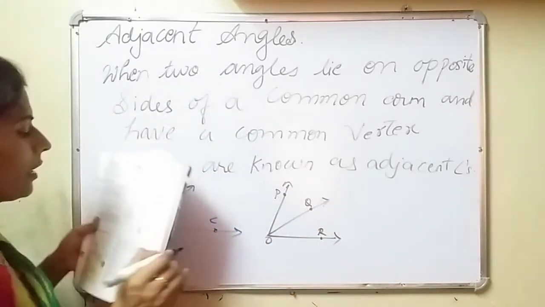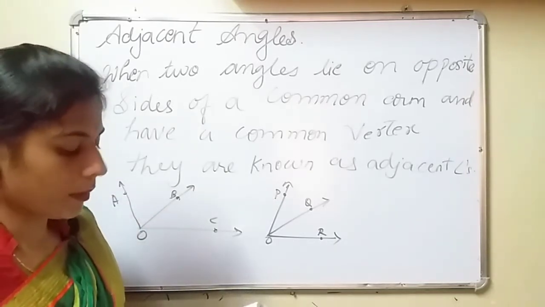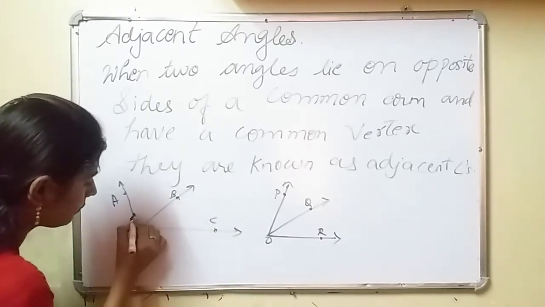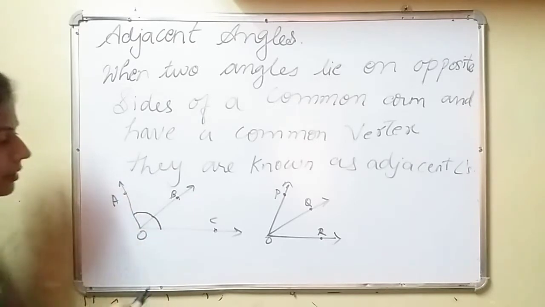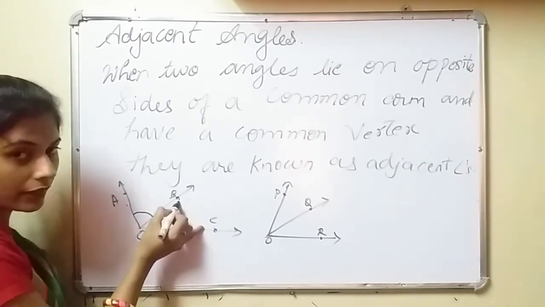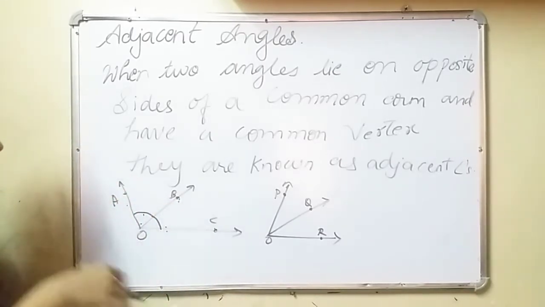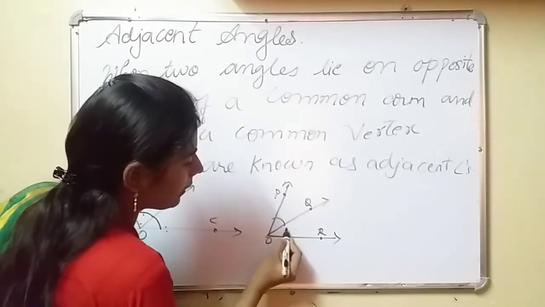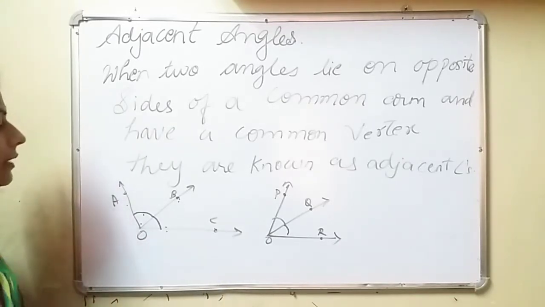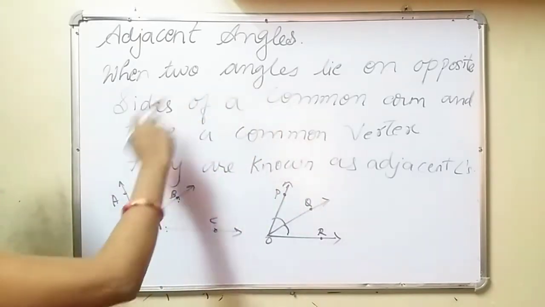Now see, if two angles lie on opposite sides of a common arm, two angles lie on the opposite side of a common arm. See, which are the arms here? Angle A and angle C. Two angles are there, that is one line is intersecting B. This angle and this angle are common here. In this also, two angles are given here. So, what is the vertex here? That is O is the vertex here and two angles are made here, with a common arm and a common vertex.